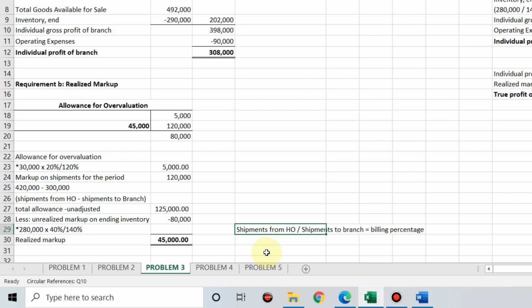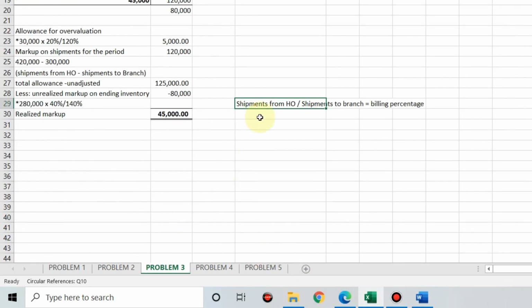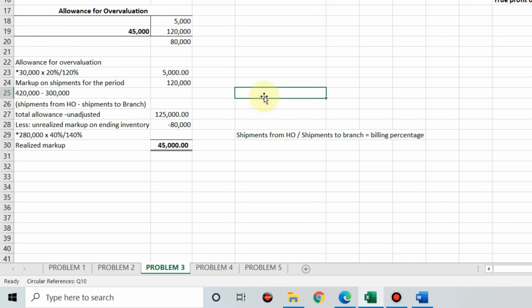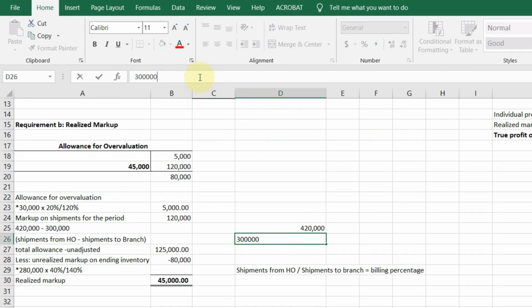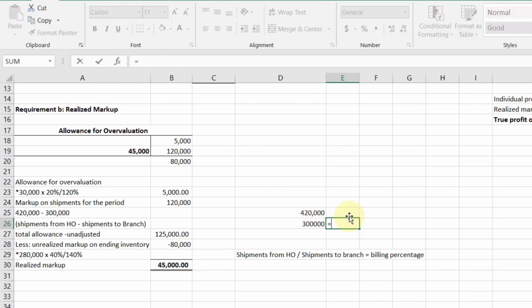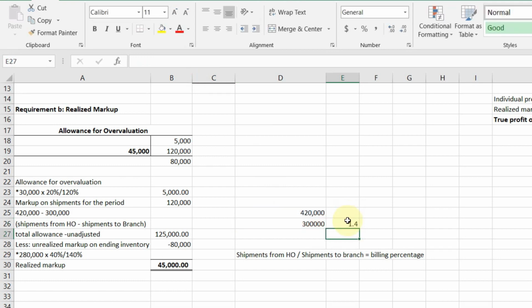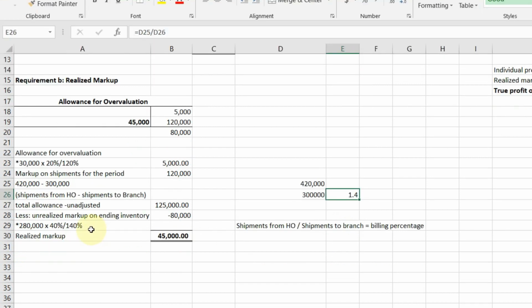Okay? Billing percentage. So, pakita ko ha, when you divide 420,000 by 300,000, you'll get 1.4 or 140%. Okay, so knowing that, you have a markup of 40%. So, kunin mo lang yung ending inventory from home office ha, hindi mo isasama yung outside parties.